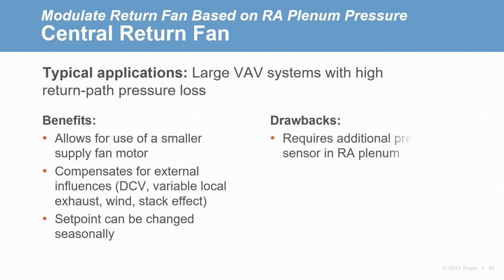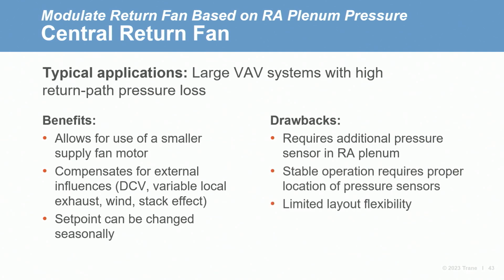The drawback is that the approach requires an additional pressure sensor mounted in the return air plenum of the air handler, and for this control loop to be coordinated with the rest of the unit controls. Finally, like with a modulating relief fan, proper location and selection of the indoor to outdoor pressure sensor is critical.